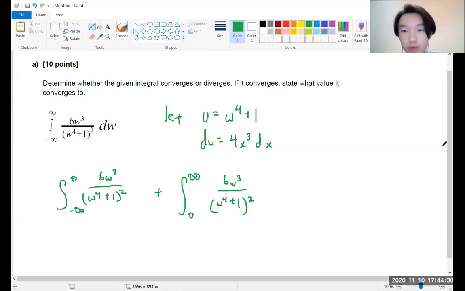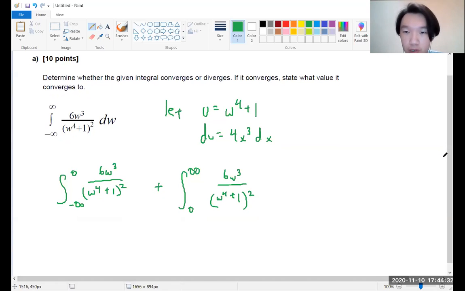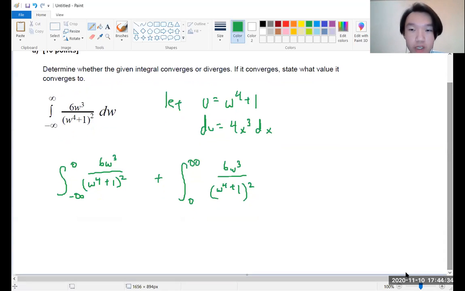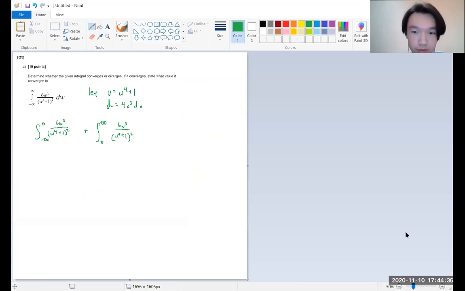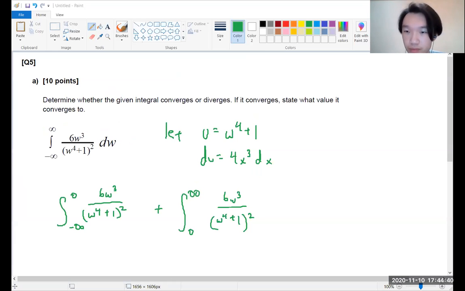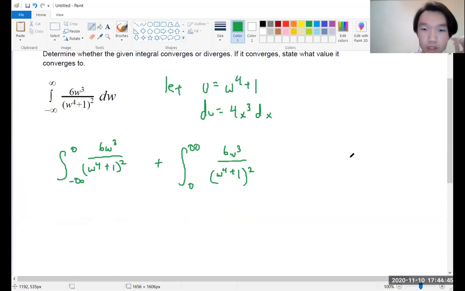Okay, so this is what we have so far when we break it apart. Let's try integrating it now. Let's just do that on the side.